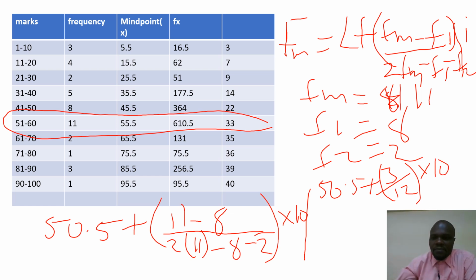So when I multiply this by 10, I'm going to get 50.5 added to 2.5, which gives me 53.